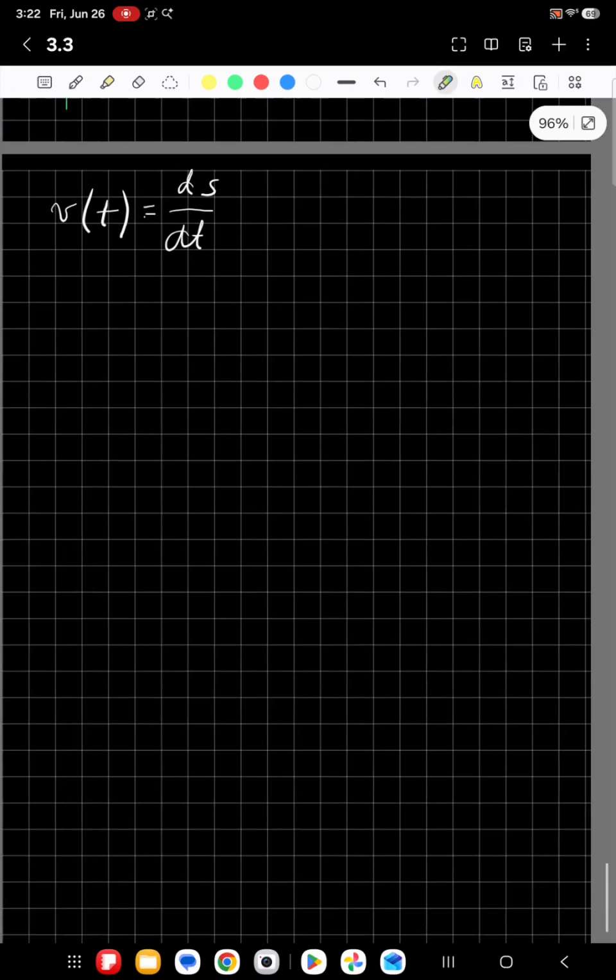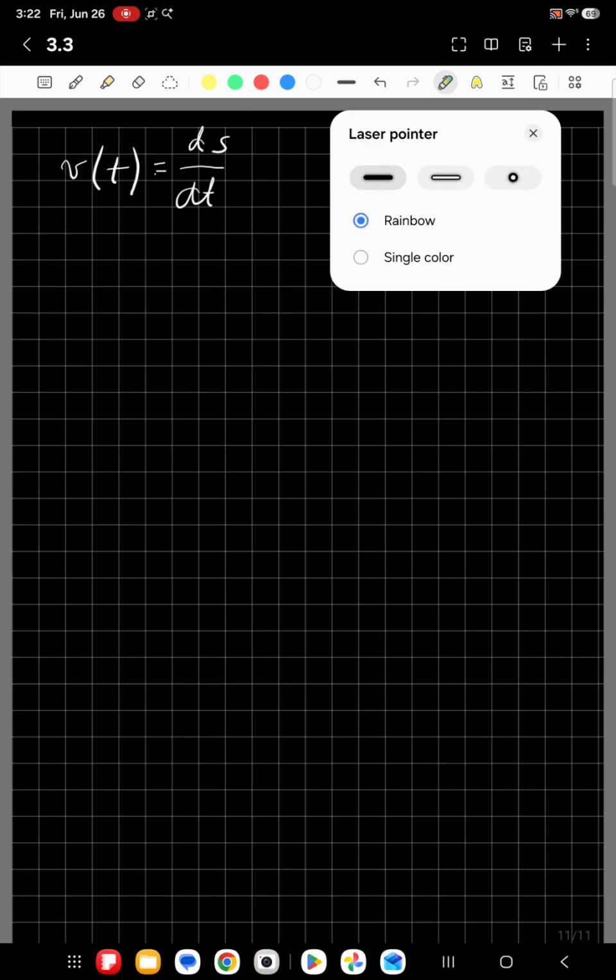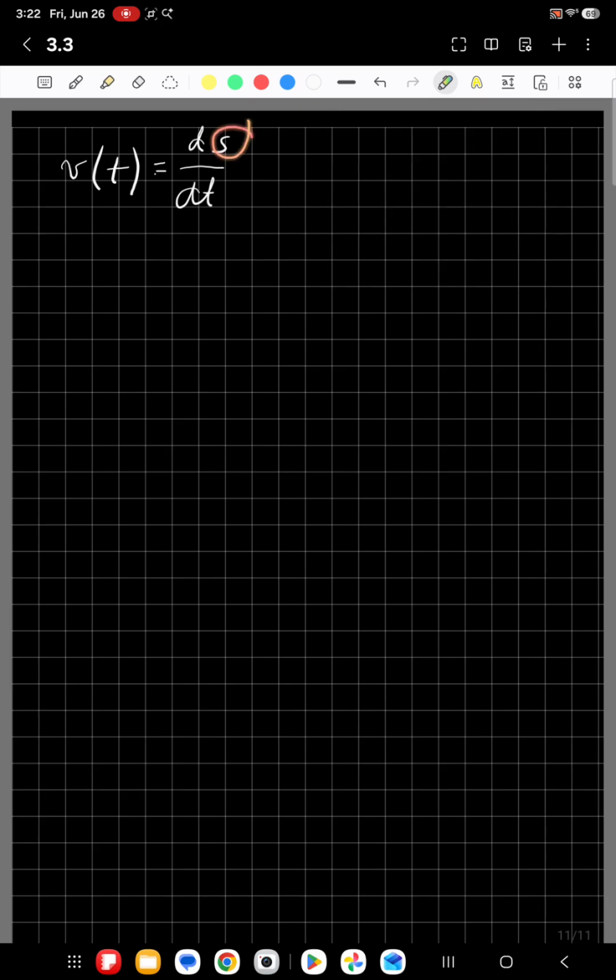So think of this as f of x, or this as y. So this is like dy. Now I'm going to write d over dt, and now I will put in that equation for s of t.